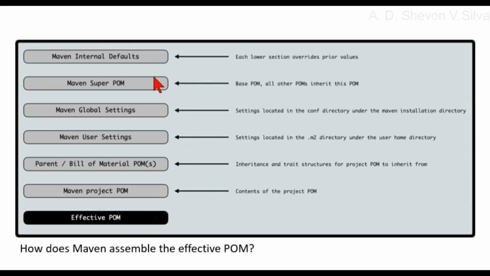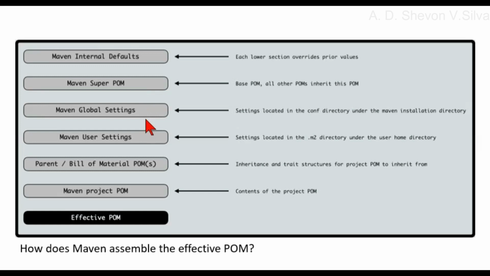Here you can see the effective POM, and here you can see the Maven internal defaults. Each lower section overrides the prior values. Maven super POM, base POM, all other POMs inherit this POM.